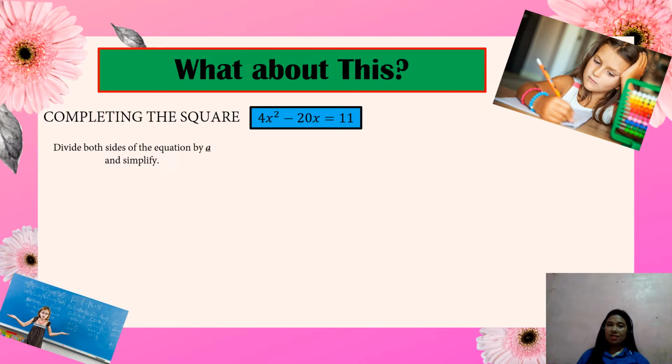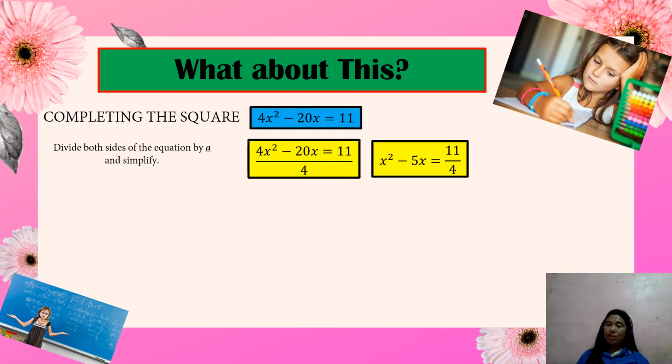So we're going to divide all by 4 because a here is 4. Now 4 divided by 4 is 1, and negative 20 divided by 4 is negative 5. So the result here is x squared minus 5x equals 11 over 4.